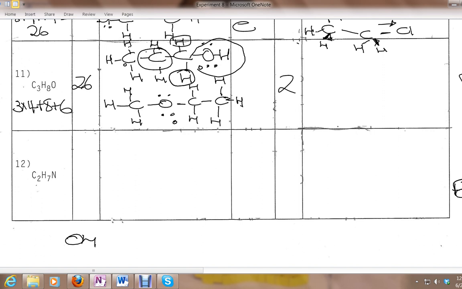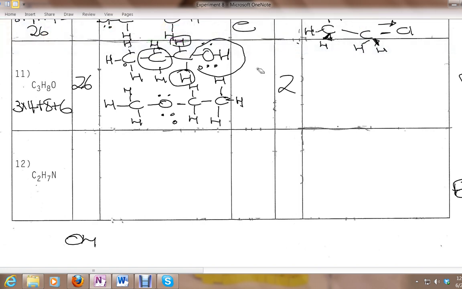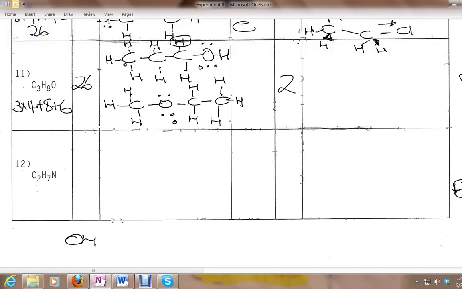So it's going to be tetrahedral in every carbon again, all carbons. And it's going to be, of course, 4 domains, 0 lone pairs, 4 bonds.